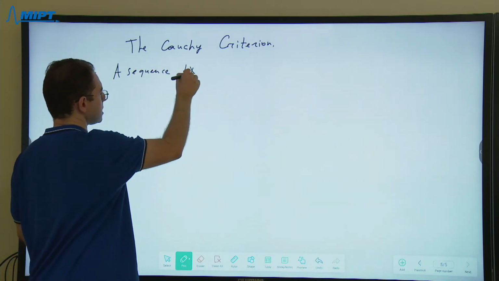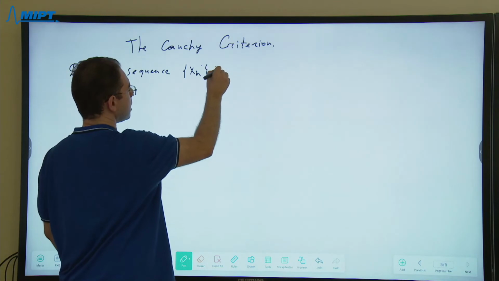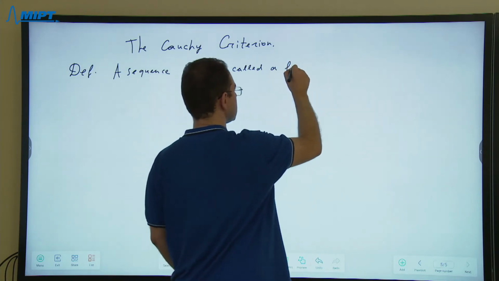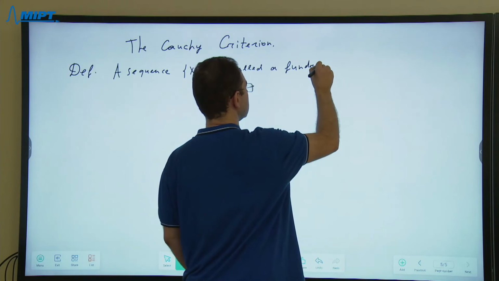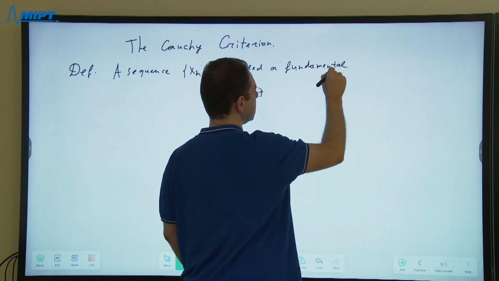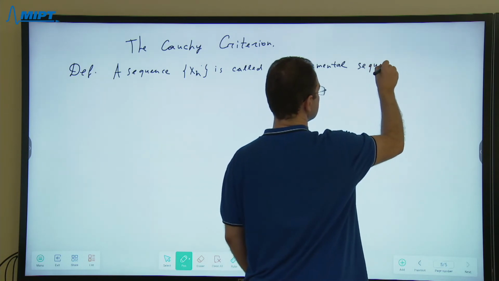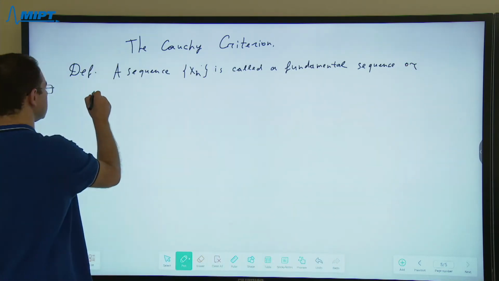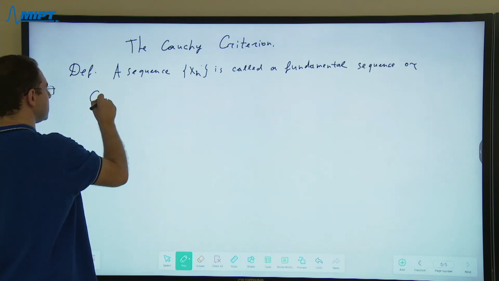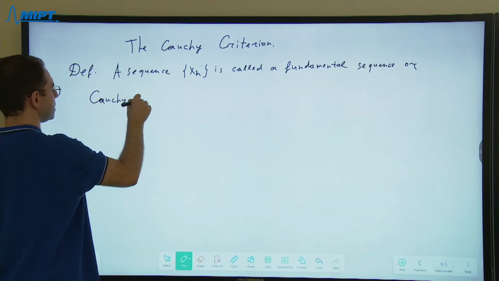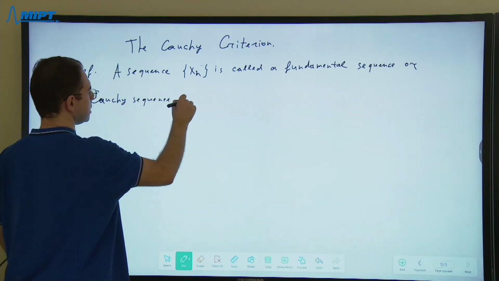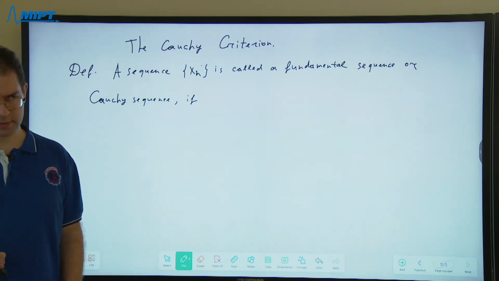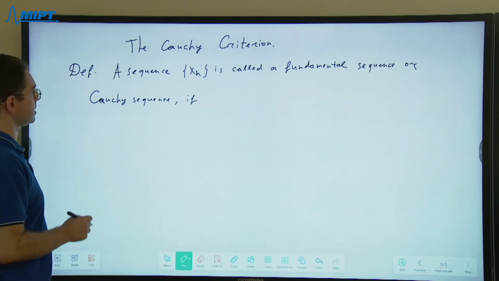A sequence xn is called a fundamental sequence or Cauchy sequence if this next condition is satisfied.